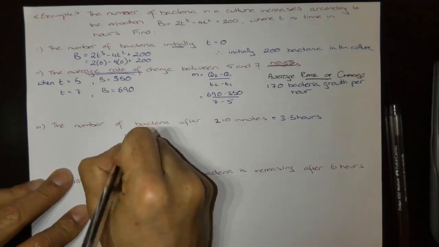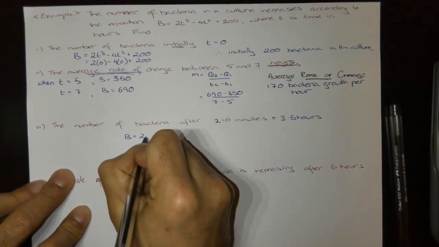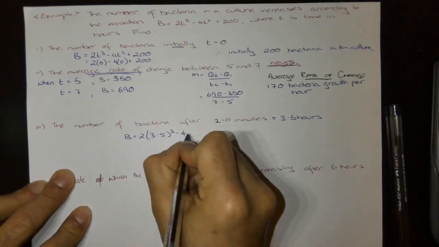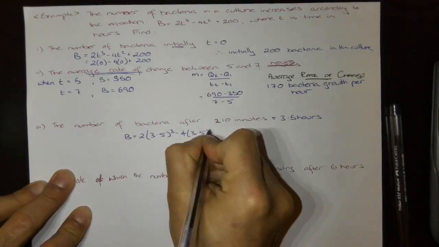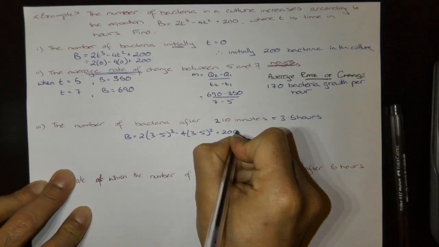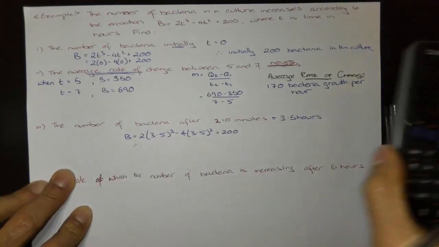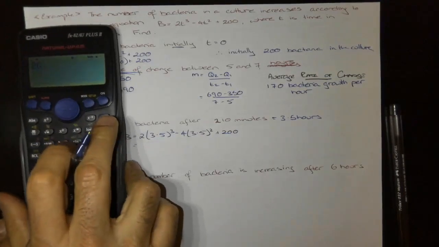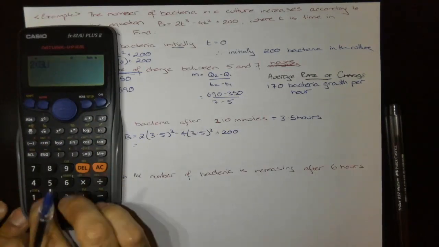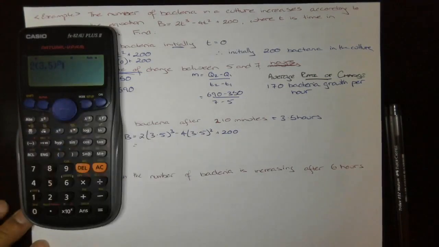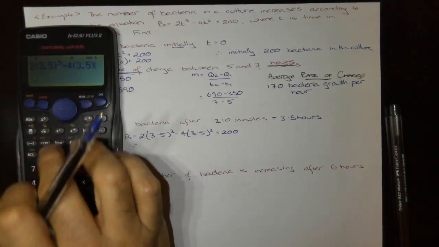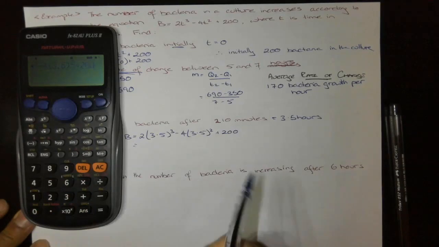So B at 3.5: 3.5 cubed minus 4 lots of 3.5 squared plus 200.